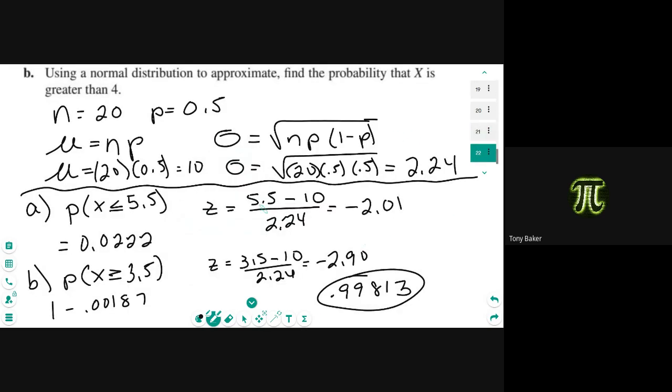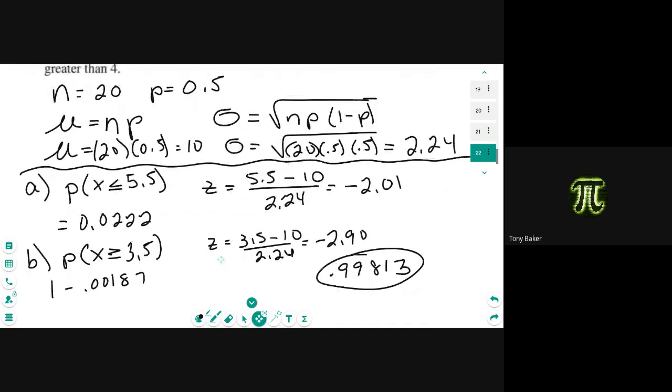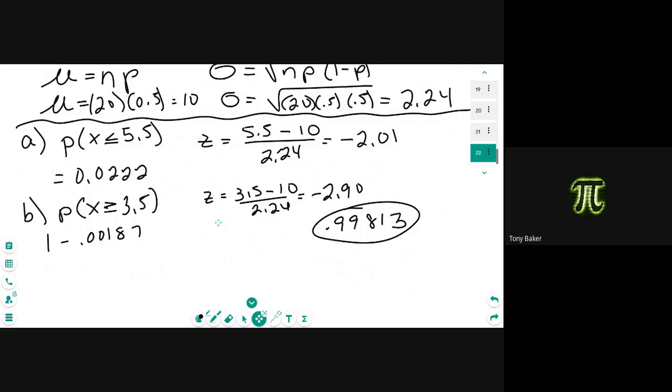All right. What if I wanted exactly 5? So now let's do the exact 5. Can I do exactly 5? So what do I have to do?